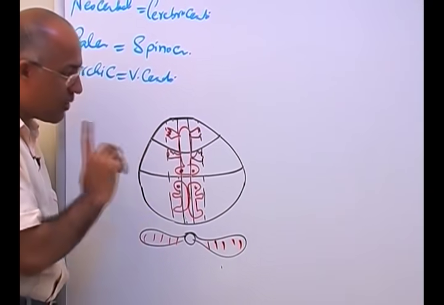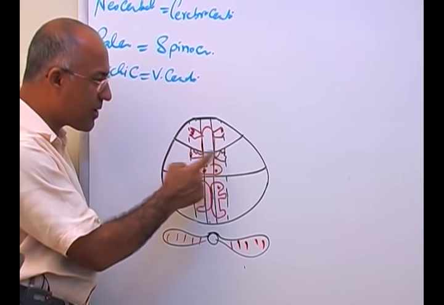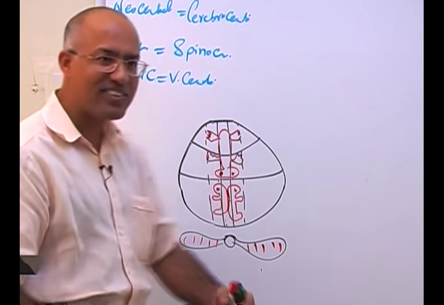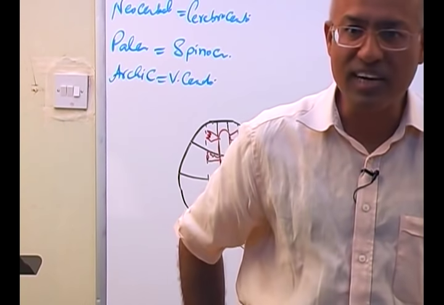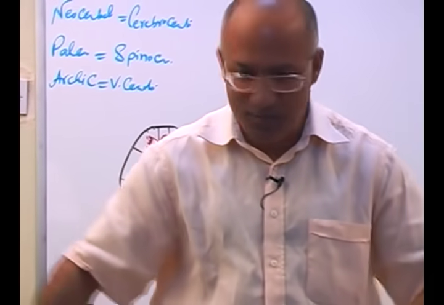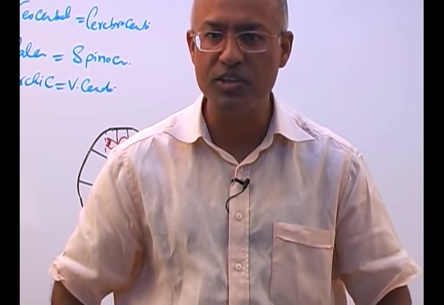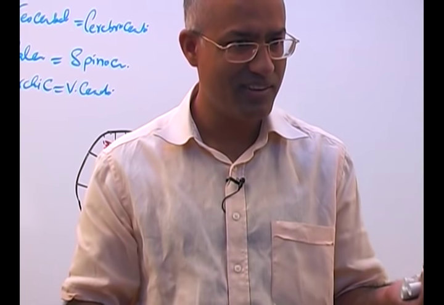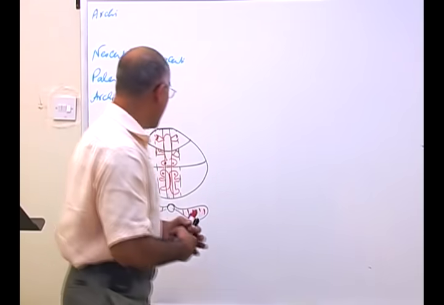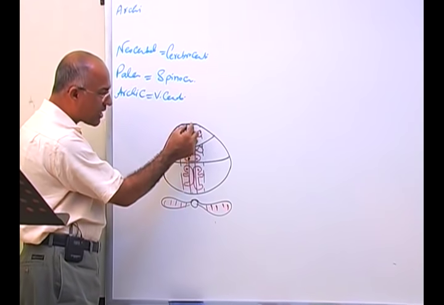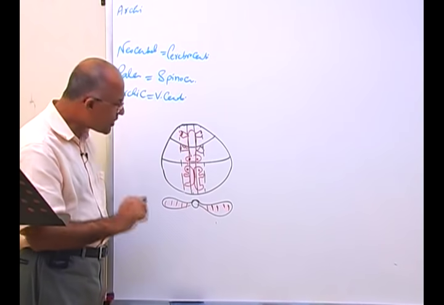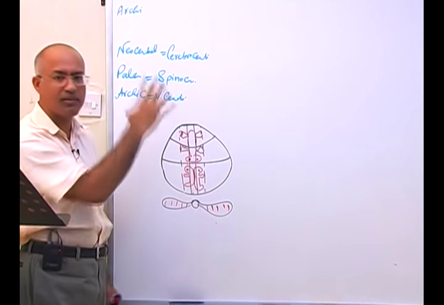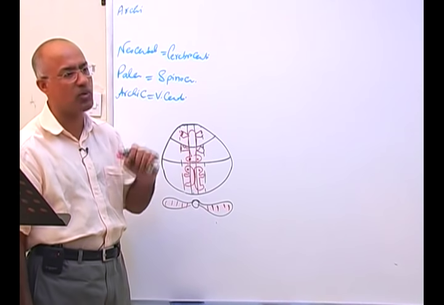Of course, when I'm making the trunk here, upper limbs or lower limbs here, information has to come to vermis and paravermis from the trunk and from the upper limb and lower limb. Of course information comes through the spinal cord. So a lot of information from the spinal cord will come into the vermal area and paravermal area. The question is how that information will come here and how this area will work.